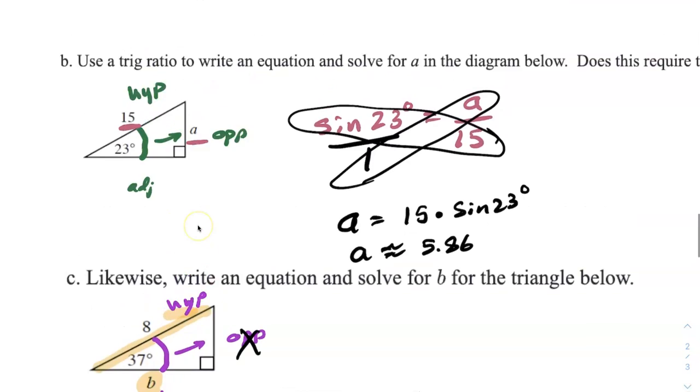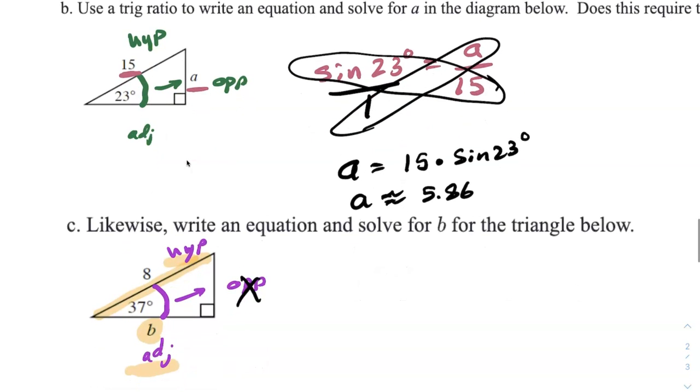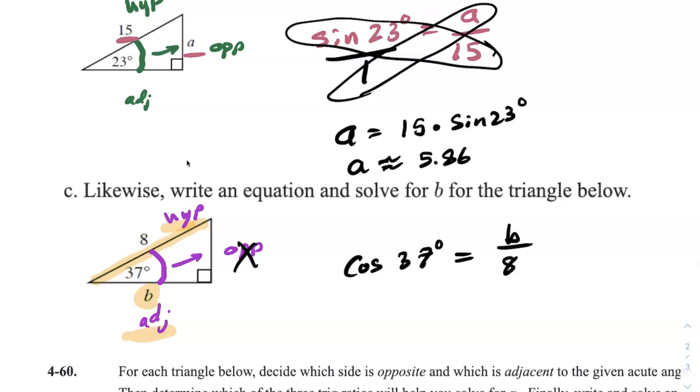So adjacent over hypotenuse, we look at which ratio that is. Adjacent over hypotenuse is the cosine ratio. So that's what I'm going to set up. I'll set up cosine of 37 equals my adjacent side, B, over the hypotenuse, 8. And then we're just going to solve it. Put it over 1, cross multiply.